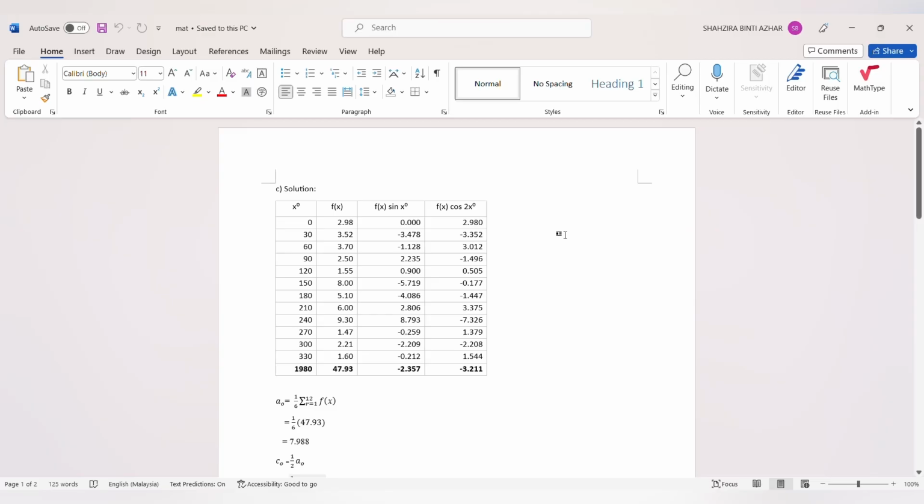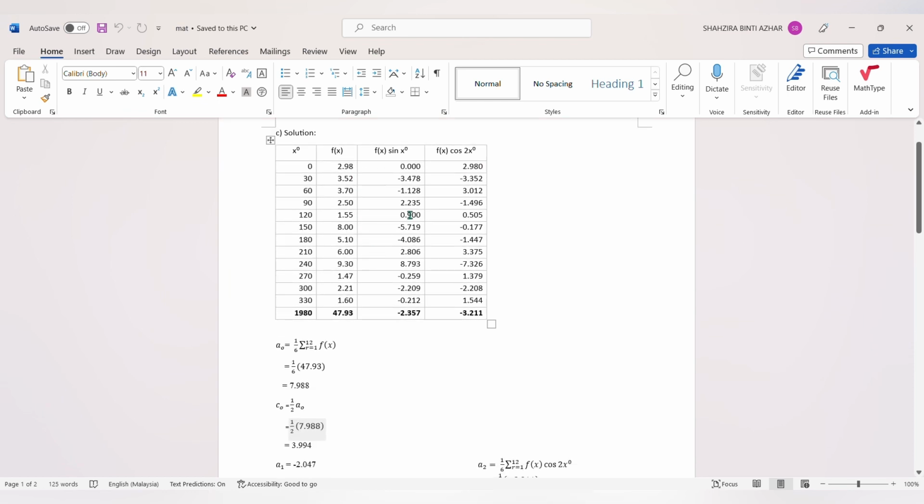So I will continue to the solution. This is my solution, where I already calculated the answer. I already calculated for the f(x) in x0, f(x) cos 2x0, and this is the sum of all the answers.